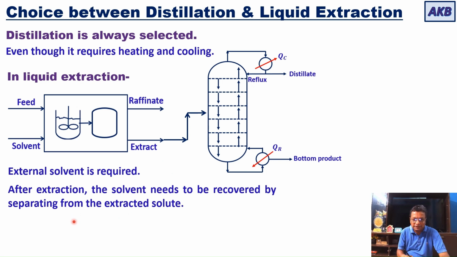And how are you going to recover that? By separating the extracted solute. So when you subject the extract phase to distillation, you are recovering the solute, plus you are also recovering the solvent, so that you can use the solvent in the next extraction operation. So that's why I'm saying after extraction the solvent needs to be recovered.